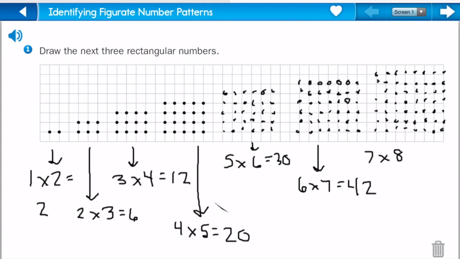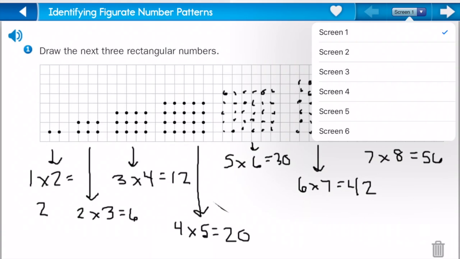And so now I know that 7 times 8 equals 56. All right, let's go on to our next screen.